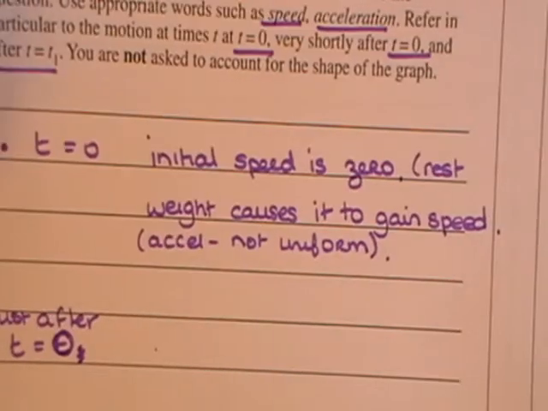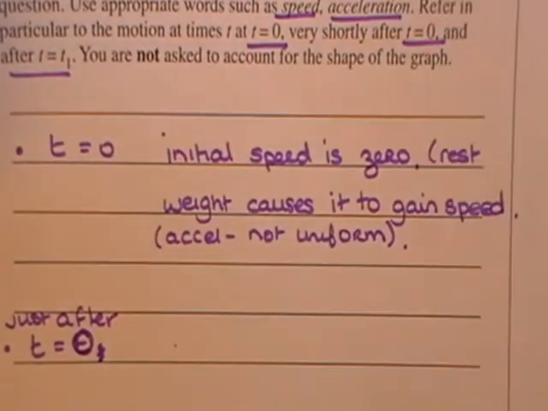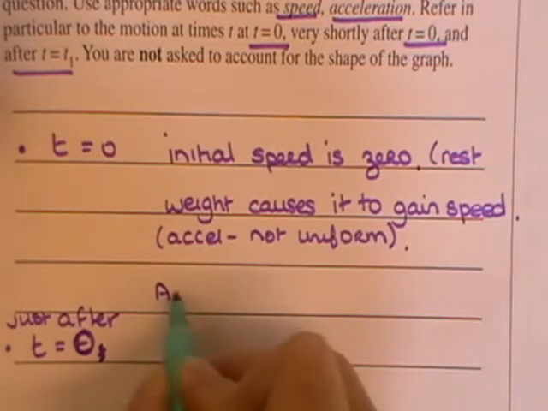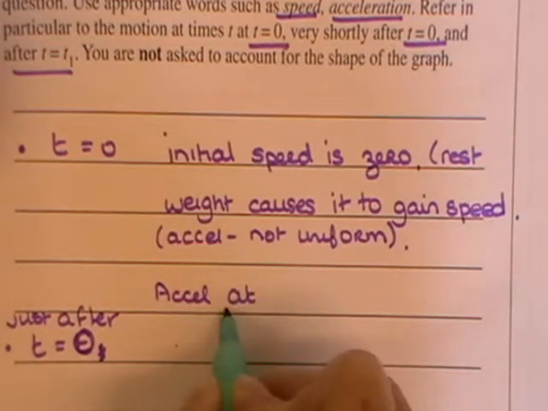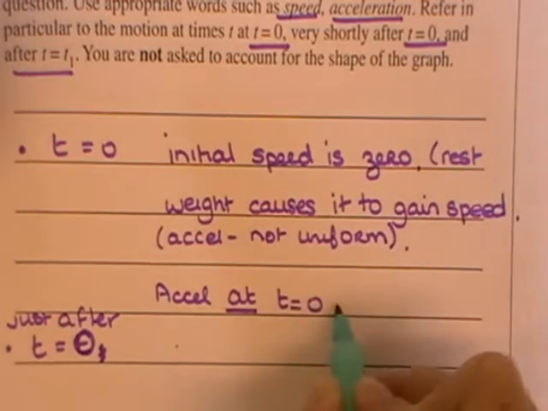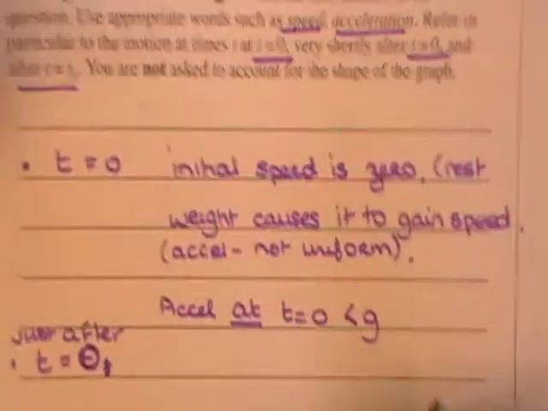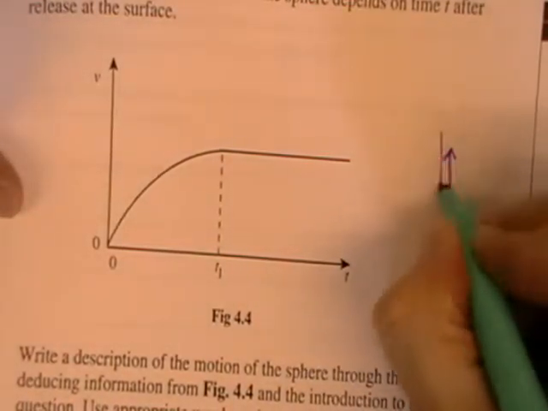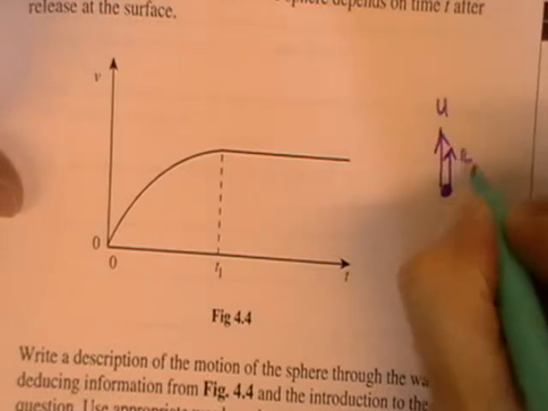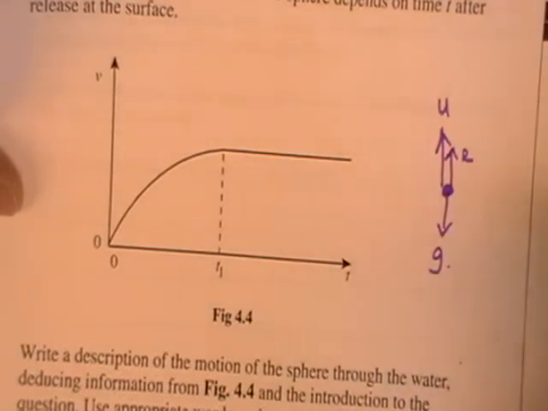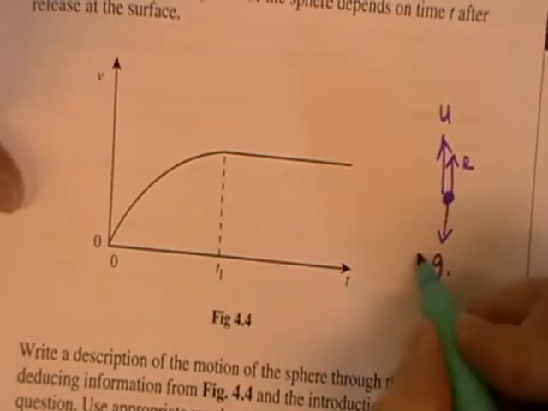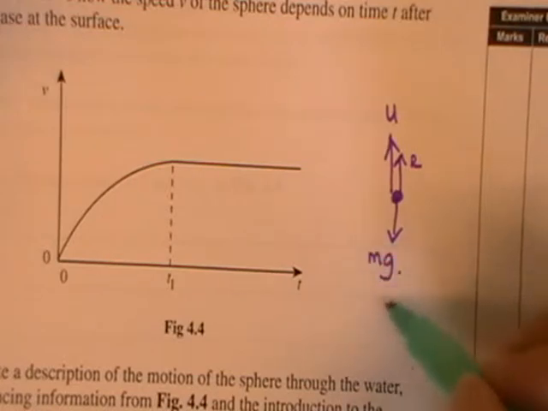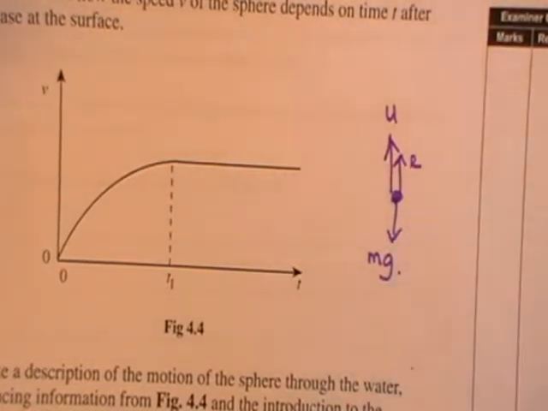And then the last part we're going to write is that the acceleration at t equals 0 is less than that of g, because you always have this upthrust which is acting. If I draw this again, you've got r and u at the beginning. You've no r at the very beginning. But if you have g acting, I should write mg there, because it's a force, then it'll never accelerate with acceleration due to gravity, due to the upthrust of the water.